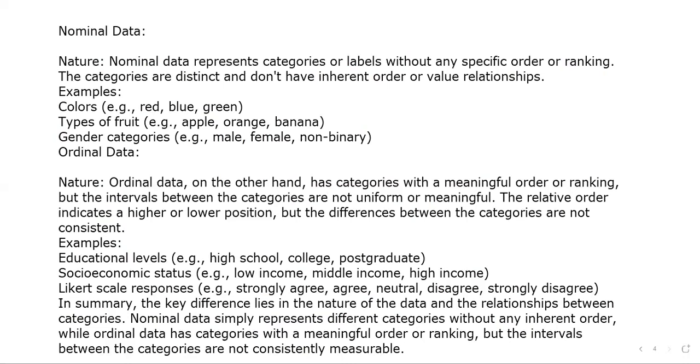So the height of an individual, can somebody tell me what category it is? It's continuous. It's quantitative, continuous, correct. About the number of times Zambia appears at the AFCON.